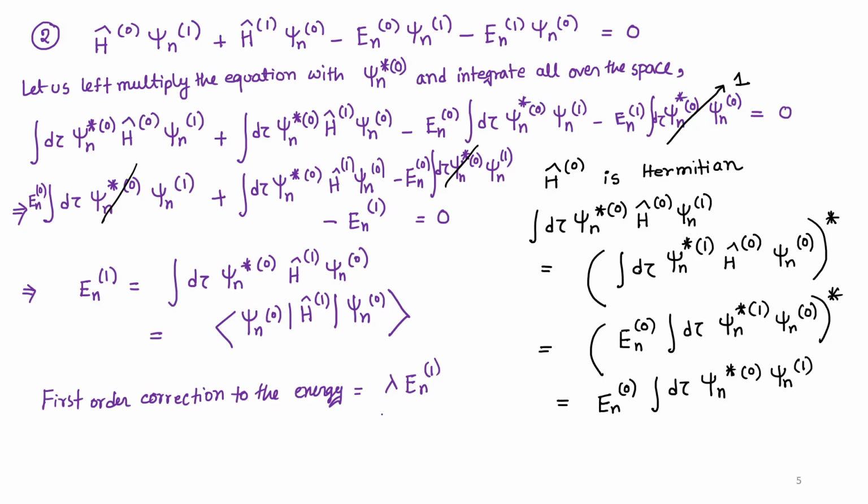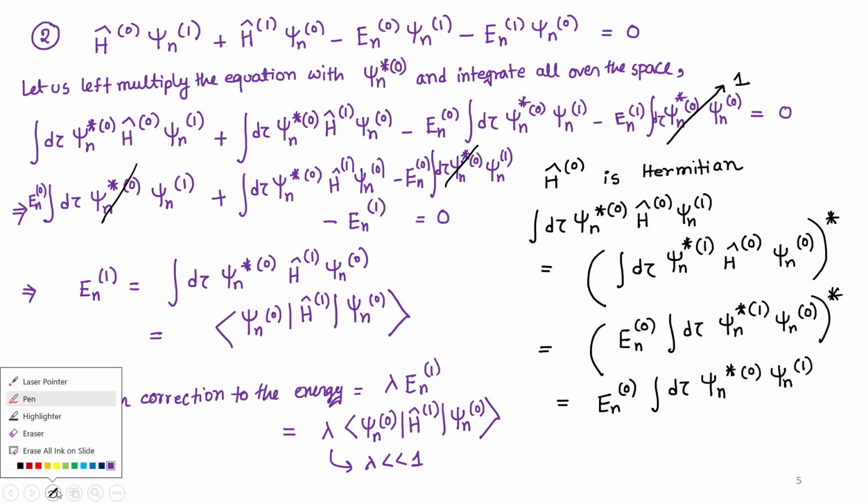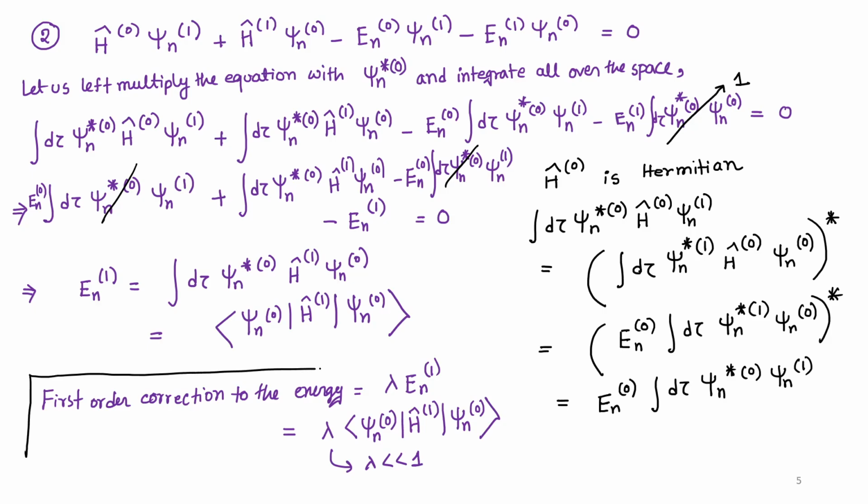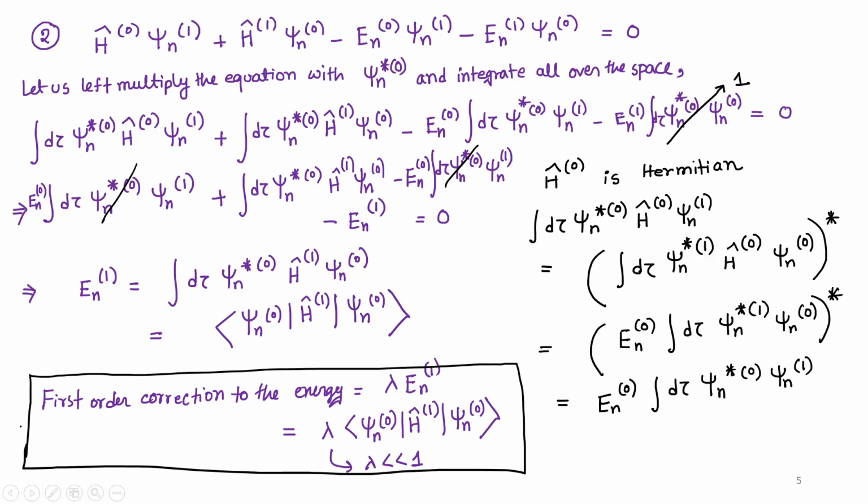But if nothing is given, it is better to write it like that: lambda, psi n 0th, perturbation, psi n 0th. And you can also say that lambda is very small, less than 1. So this is what gives you the first order correction to the energy.